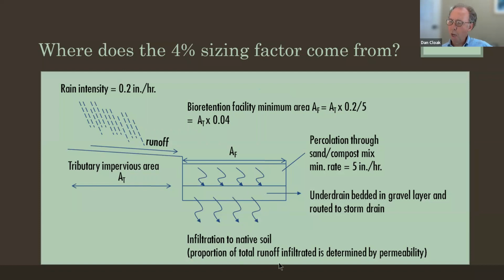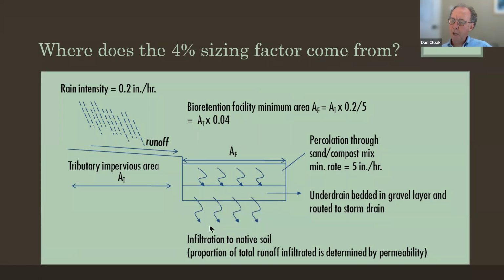And this is why the specifications are prescriptive in terms of requiring that this be uncompacted and ripped to promote infiltration here. That's the best outcome, and we want as much of that as we possibly can.